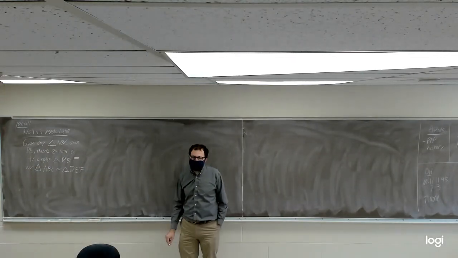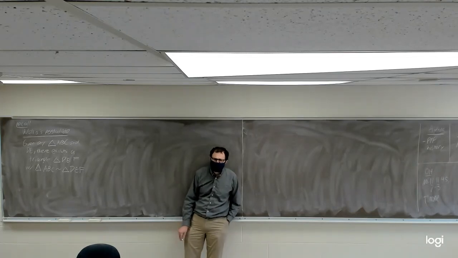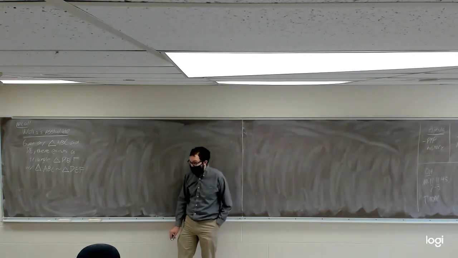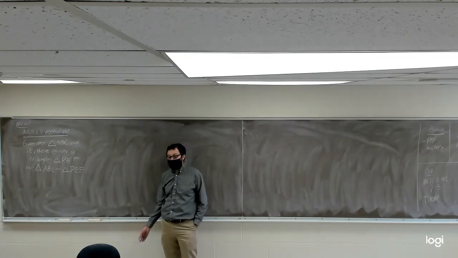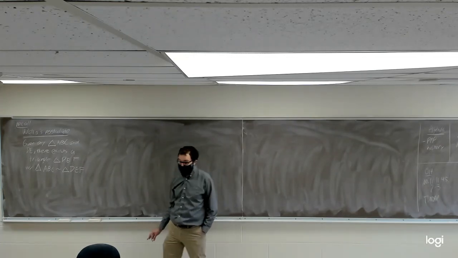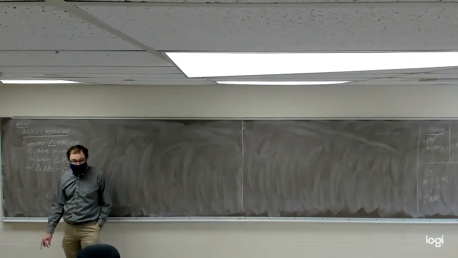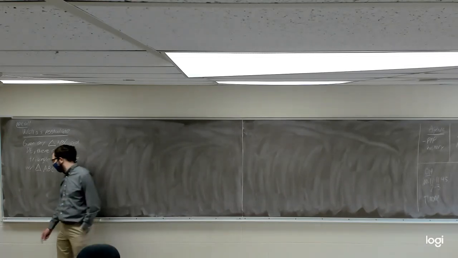What does it mean to say two triangles are similar? All the angles are congruent, but not the sides. The angles are all going to end up being congruent to each other, but the sides may or may not be. It's a weaker condition than two triangles being congruent.